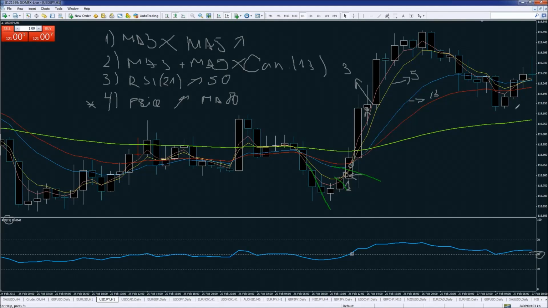It's a little bit too risky, but still, if you are going to consider entering in riskier situations, then you can rule out rule number 4 here and only guide yourself through the crossovers of these moving averages plus the relative strength, which definitely needs to be above 50 in this buy situation. And of course, for sell orders it is vice versa.